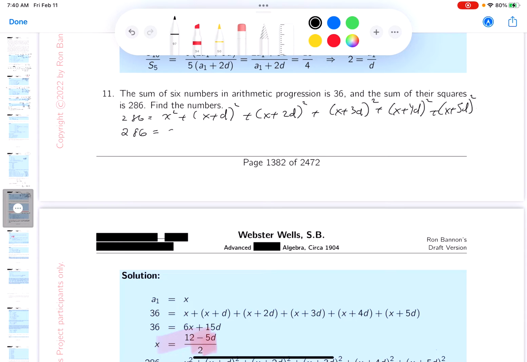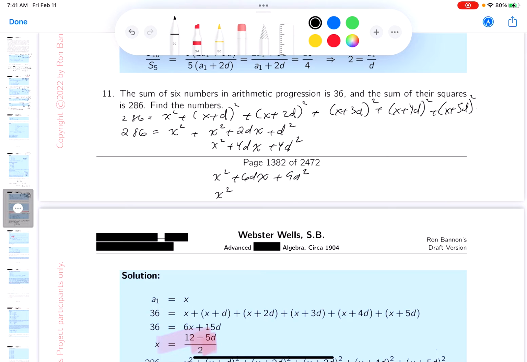It's not that bad. x squared, plus the next term when I square it out would be x squared plus 2dx plus d squared. I'm going to start to line things up now. So x squared plus 4dx plus 4d squared. The next term would be x squared plus 6dx plus 9d squared.